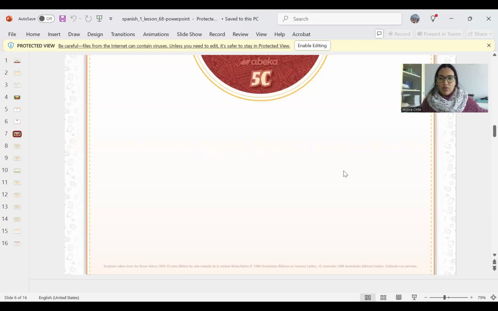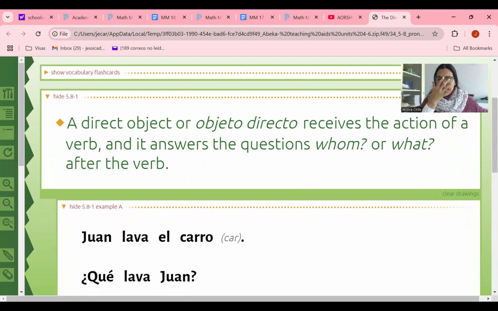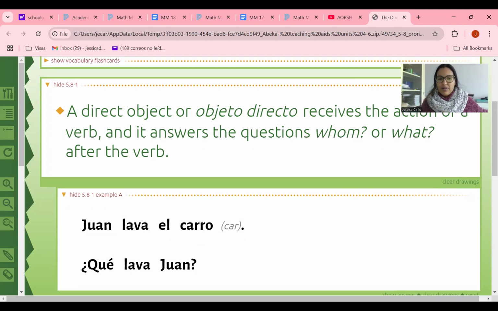Okay, as I told you, we're gonna be learning section 5.8. In this section, we're gonna be learning about direct objects and direct object pronouns. Okay, so let's review what those are. A direct object, in Spanish objeto directo, receives the action of a verb and it answers the questions whom or what after the verb.